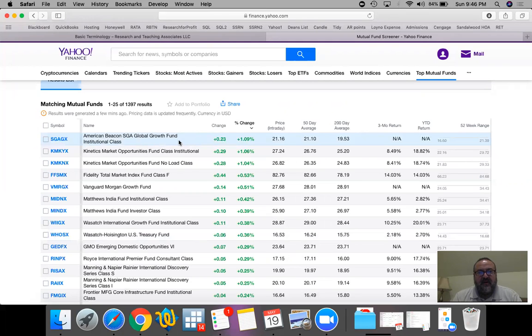Many mutual funds will have front end or front load commissions, or end commissions. Basically, just commissions that the mutual fund will charge you to buy into the mutual fund, or commissions that the mutual fund will charge you by leaving or selling the mutual fund.